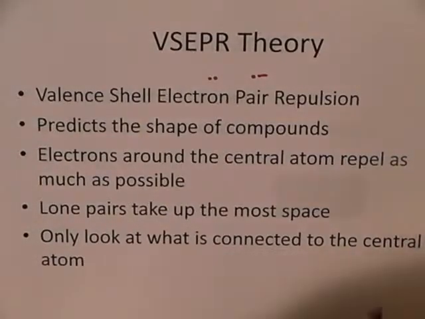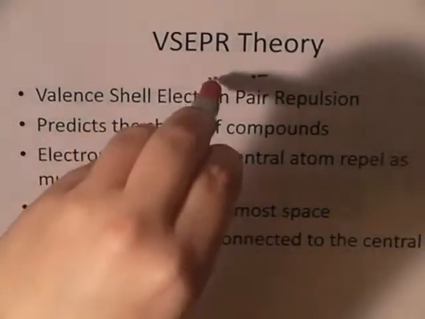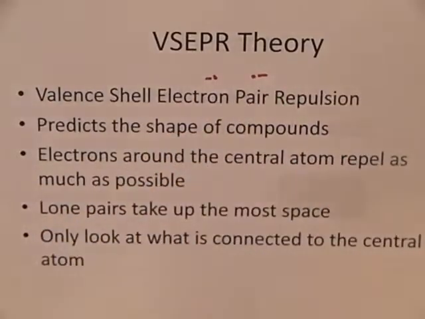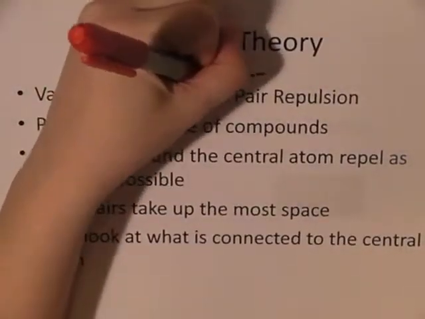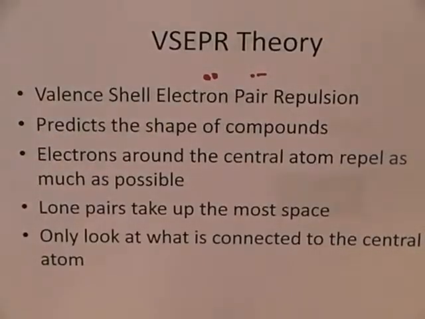But what we know about all electrons, regardless of whether they're in pairs or they're bonded, is that they're going to repel each other, right? They're all negative, therefore they don't want to be near each other. So what VSEPR does is it predicts the shape of atoms based on the electron's ability to repel one another.